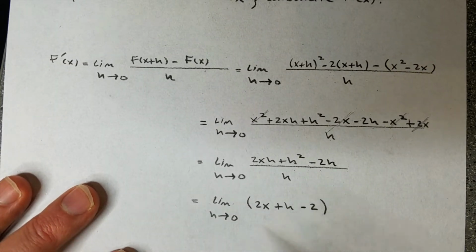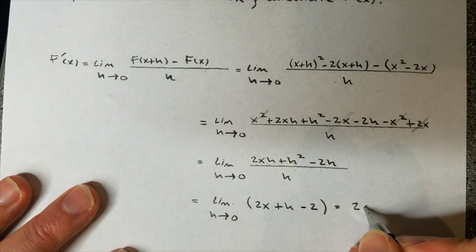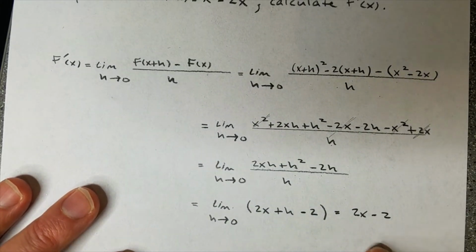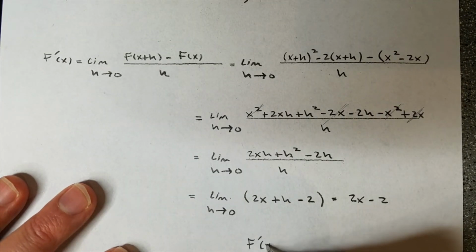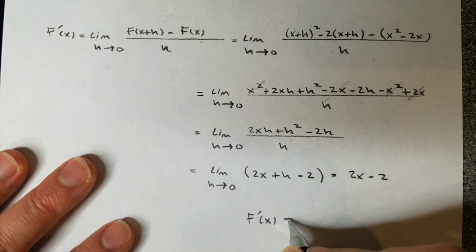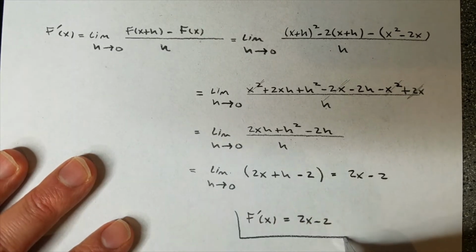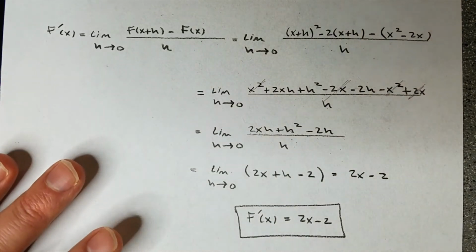What if it went away? What if you put a 0 right there? Then you'd get 2x − 2. All right, so that's our derivative, f prime, the derivative, the formula that will calculate the slope of that curve at any point, is 2x − 2.